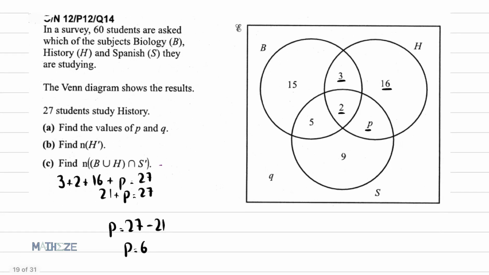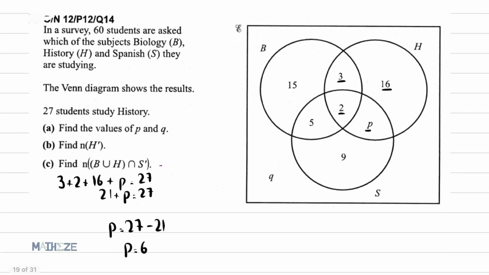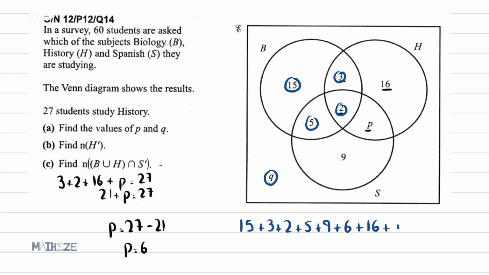In the next part, I need to find Q. So guys, if I add the entire Venn diagram, 15 plus 3 plus 2 plus 5, plus 9 plus P, which was 6, plus 16 plus Q. If I add all of these, in the question there were how many people? 60.